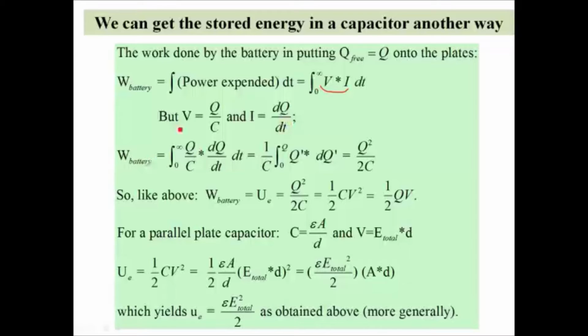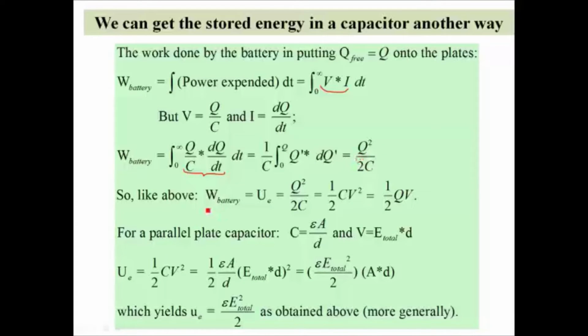We go back to our power expended. That's what this is right here. Integrate over time. We can see 1/C as a constant, so we can bring it outside. I put primes on here because these are dummy variables. So this will be q prime dq prime from 0 to Q, the final Q, and that's equal to Q squared over 2C. Does that look familiar?